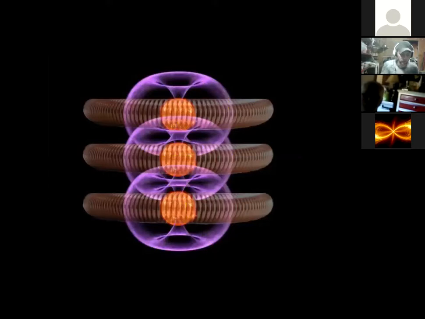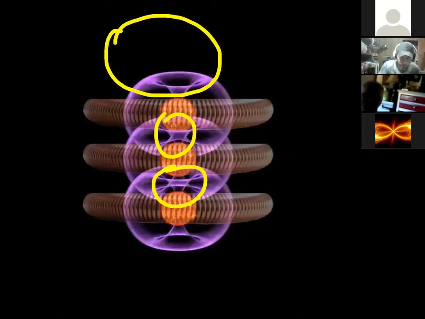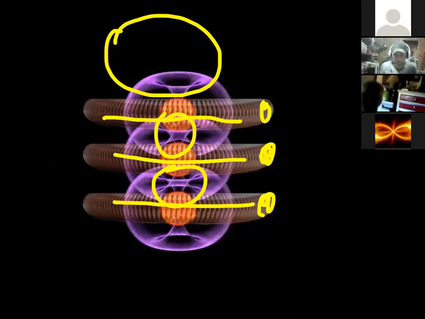Okay? In order to create these, okay, right here, right, you've got to have the 3 circles, okay, of your maggrav coils, right? And you have to have them stacked on top of each other. Well, what if you replaced these coils with your capacitors? Okay, and that's what we're working on here, is making the coil the capacitor by itself so that you don't have to plug it into the wall.